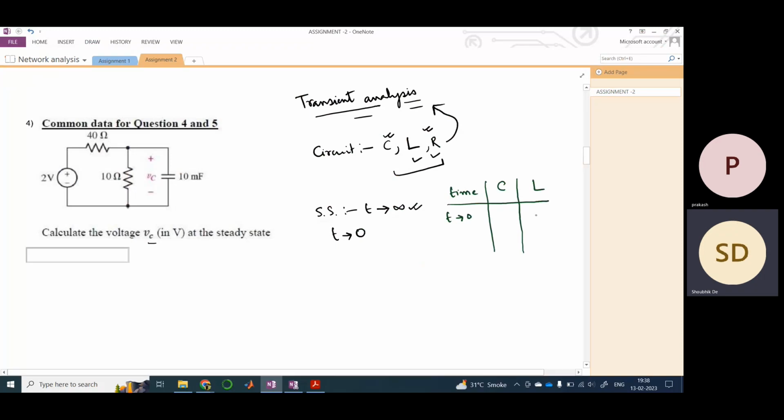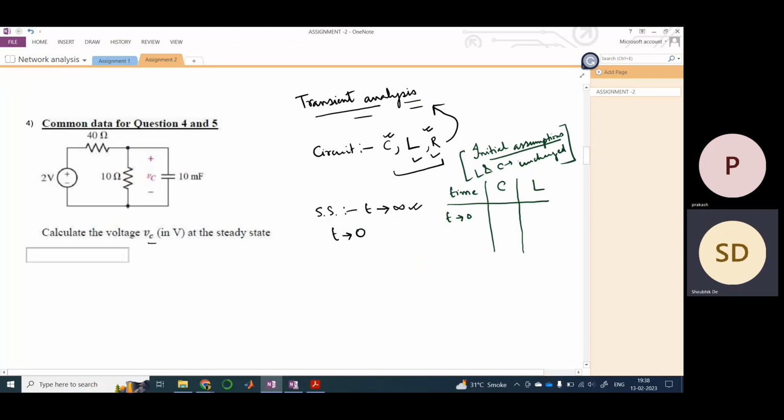So my initial assumption of both C and L is that both are uncharged, right? So this is very important. Both L and C are initially uncharged.